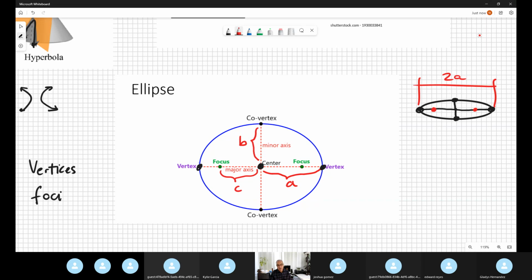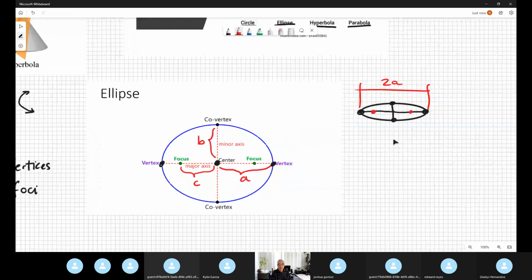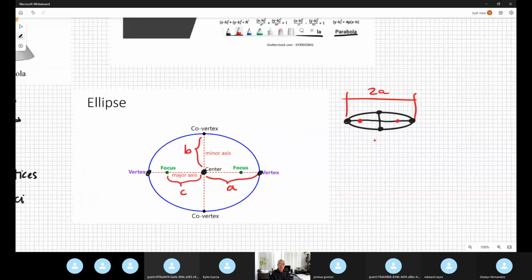So A is the big distance. And the mathematical relationship between A, B and C is that A squared is equal to B squared plus C squared. It doesn't matter if it is in horizontal direction or in vertical direction. Okay, so the most important is the point.